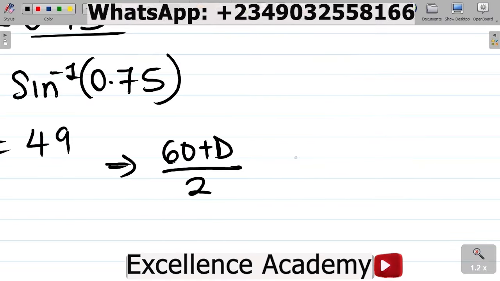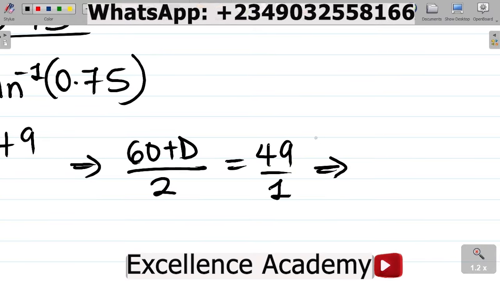This is equal to what there? 49. Of course, this is over 1. Let's proceed with this. This is equal to 1 times 60 plus D gives you 60 plus D is equal to 2 times 49.